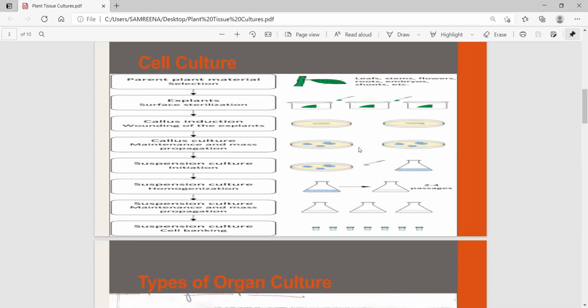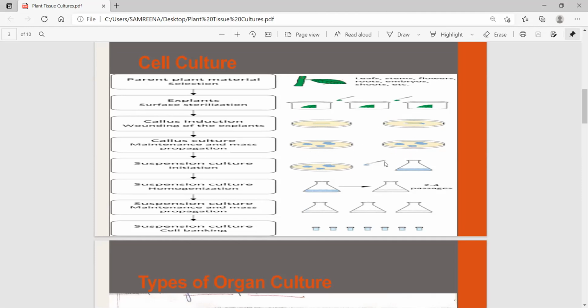In the Petri plate, we can place many small explants. Under appropriate conditions, this explant will form the callus. We have to maintain temperature, pH, and where we place the Petri plate, so that the explant develops into callus.